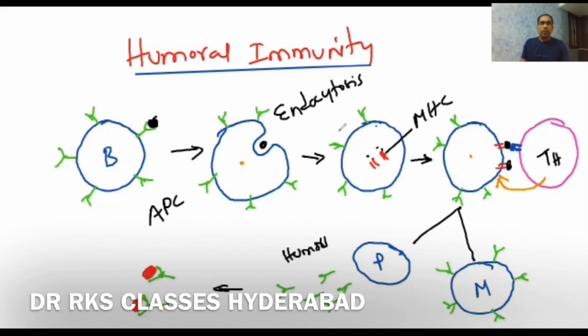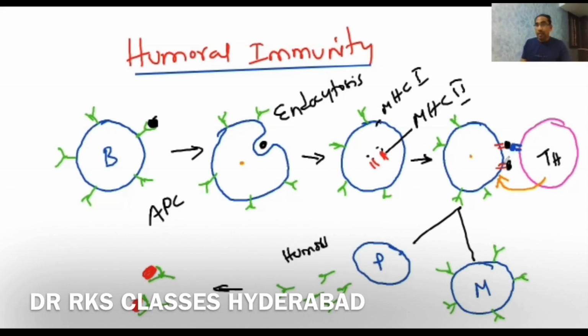On the surface of all nucleated cells, we can observe MHC class 1, but on the surface of antigen presenting cells, generally MHC class 2 is present. Now the B cell presents the antigen on the surface, especially by MHC class 2.